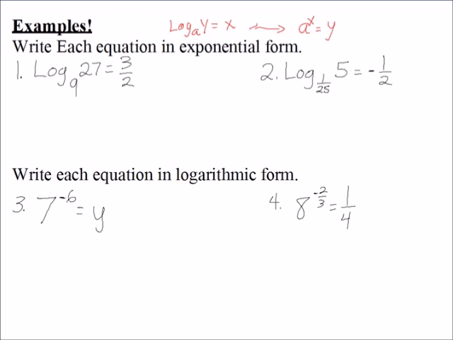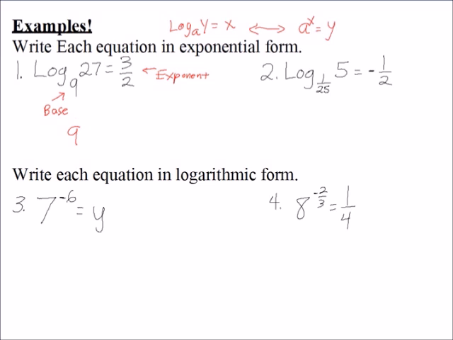So if I have something like this, the base is going to be the same. So here's your base. This is going to be your exponent. And the question asks, what exponent can I give 9 to equal 27? So your base is going to be the same. Here's your 9.